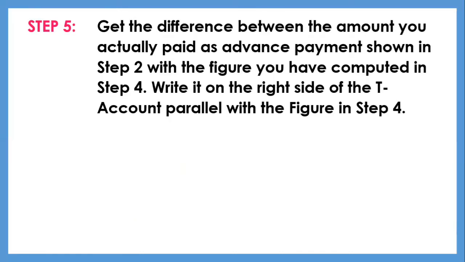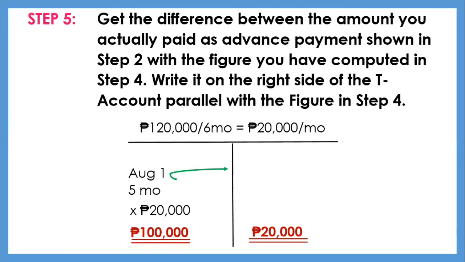And for the final step, we need to get the difference between the amount that we actually paid as advance payment shown in step number 2 and the figure we computed in step number 4. So this is how our step number 5 looks like. Remember that the actual payment that we paid, that would be 120,000 pesos, deducted by 100,000 pesos. So the remaining is 20,000 pesos.